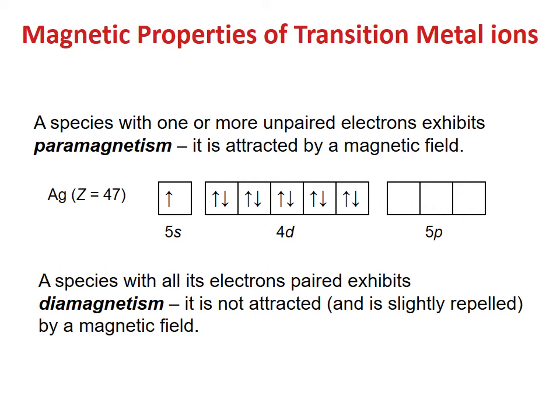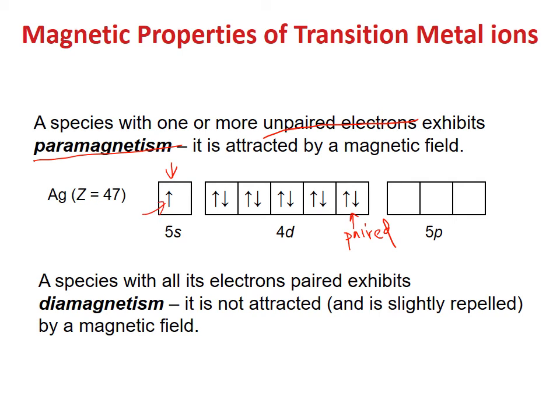When an orbital holds 2 electrons with opposite spin, it's called paired. And when an orbital has only 1 electron, it's called unpaired. A species with 1 or more unpaired electrons exhibits paramagnetism. That is, it is attracted by a magnetic field, and this is because a spin serves as a magnet.